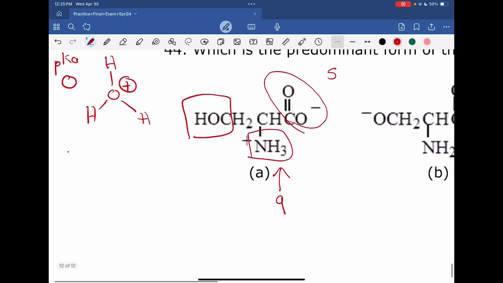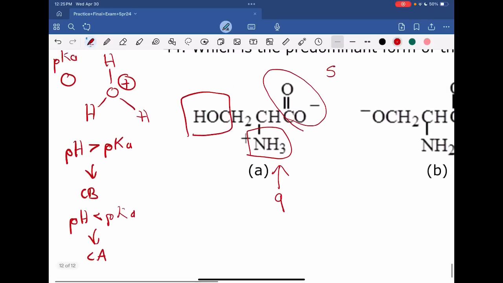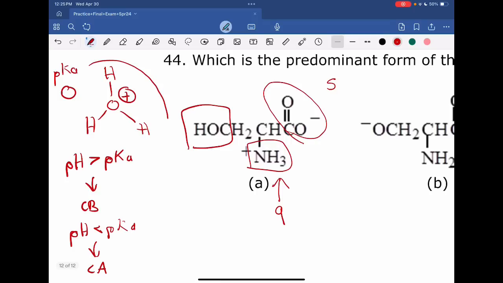So if pH is greater than pKa, then you get the conjugate base. If pH is lower than pKa, then you get the conjugate acid. So if the pKa for this being protonated is 0 and we are above it, we will have the conjugate base of H3O.